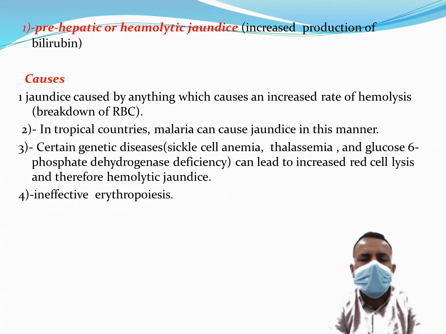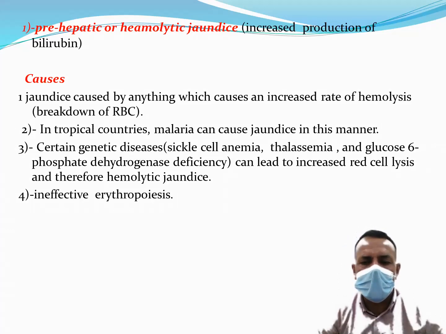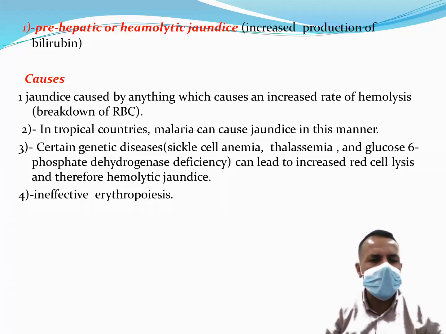Excessive destruction of the RBC leads to more production of bilirubin than the capacity of the liver to clear it. It means the bilirubin accumulates in the serum more than the capacity cleared by the liver, leading to increased bilirubin in the serum and evident as jaundice.